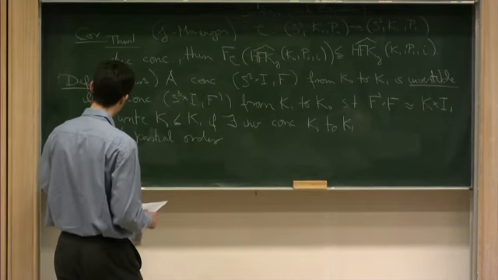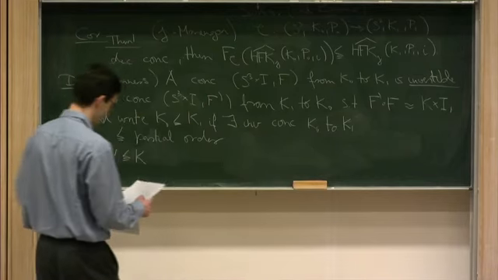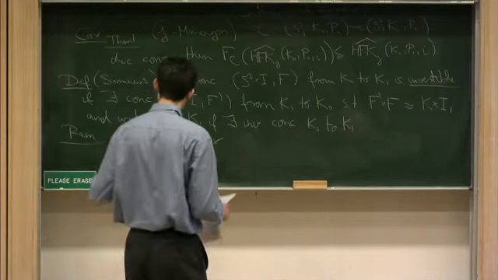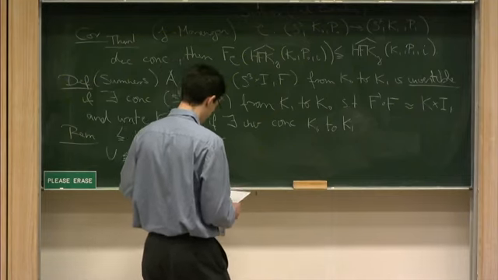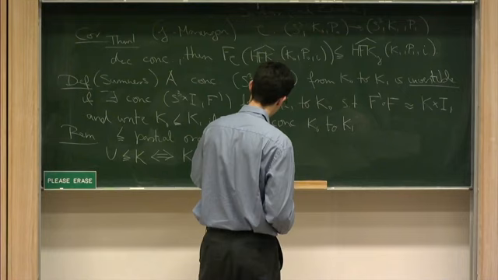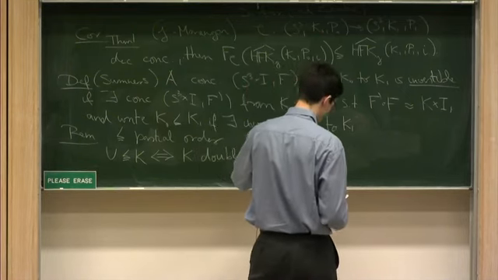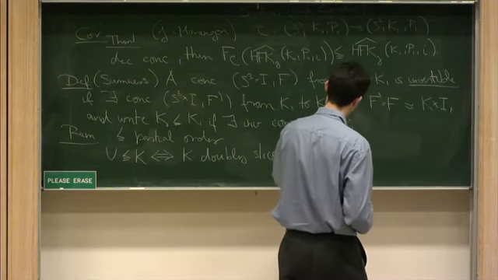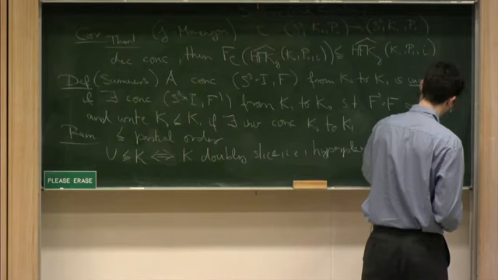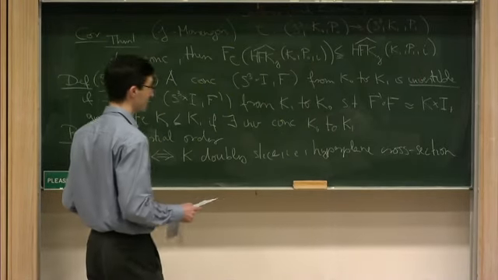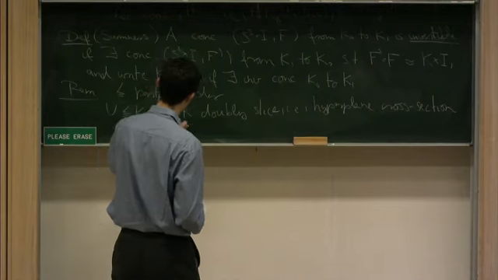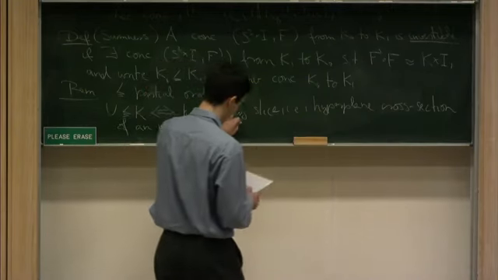So, suppose that the unknot is less than or equal to K. So there's an invertible concordance from U to K. Then this happens if and only if K is doubly sliced, i.e., K is a hyperplane cross-section of an unknotted S2 in S4.